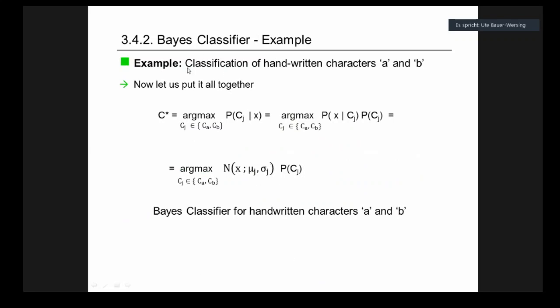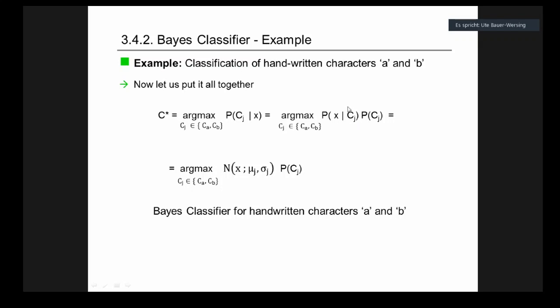So now we can put together the Bayes classifier for our A's and B's. If we want to do Bayes classification given this model, we are maximizing the posterior probabilities for the two classes C_A and C_B, and we do this by using the likelihood and the priors for the individual class.